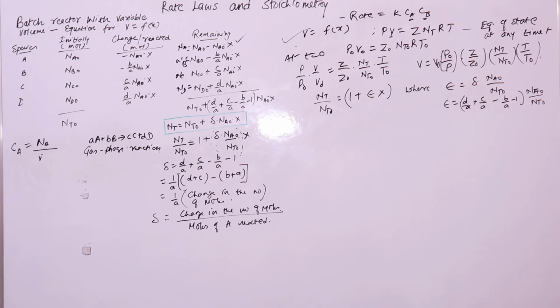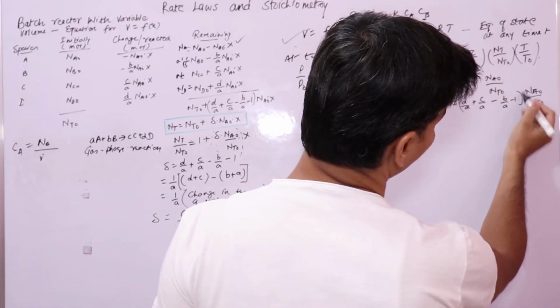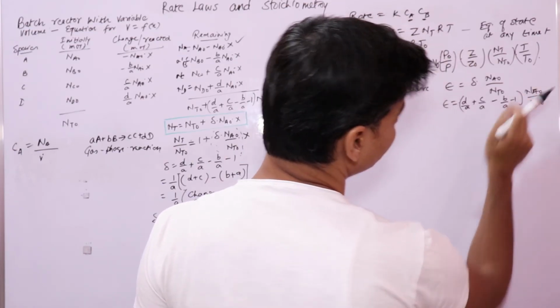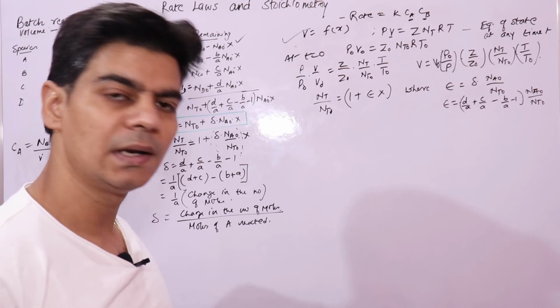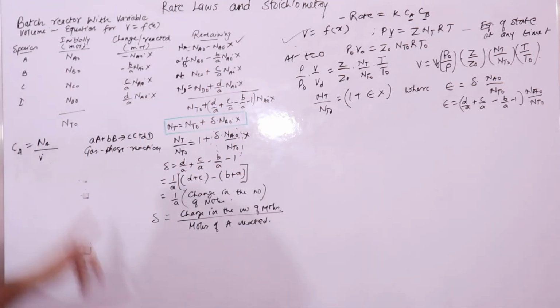And if you look at this, what does this represent? This is your NA0, the initial number of moles of A fed. NT0 represents the total number of moles.